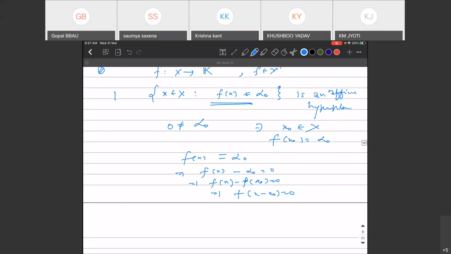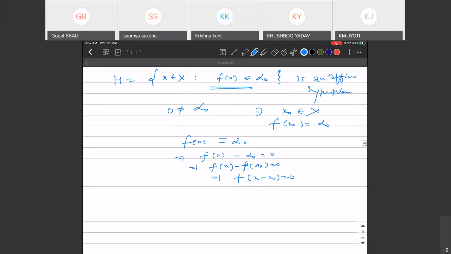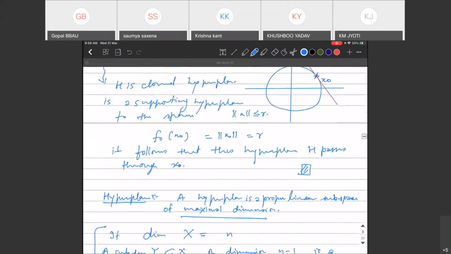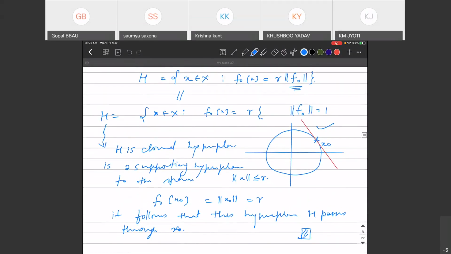Suppose this is H. H is nothing but x naught plus the null space, the set of x in X such that f x is 0. This was a hyperplane, and this is a translate. So you see, this is of the same form.